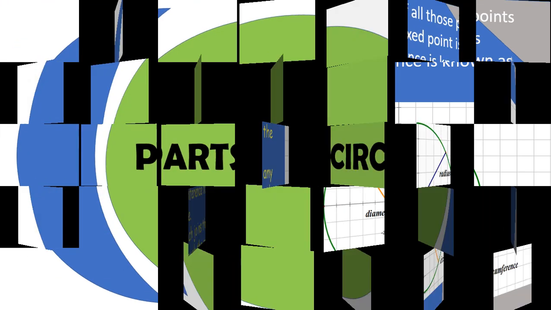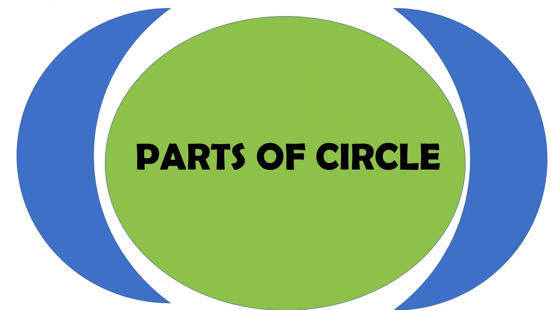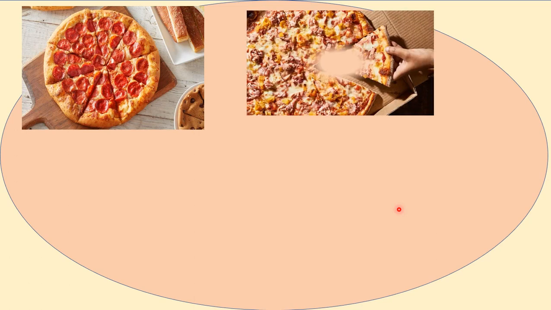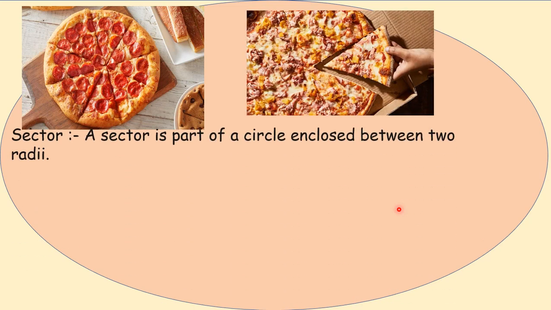Now let's talk about the parts of the circle. So here we are recalling all the previous concepts that we learned in previous classes. By observing this, this is a pizza, and when we cut the pizza into parts, we always get this type of shape.